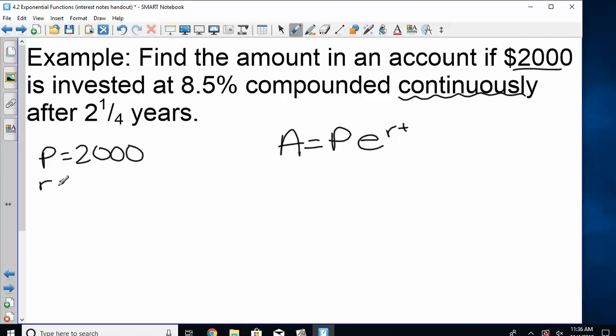What is my R? What is my T? $2.25. So now we can just plug in.